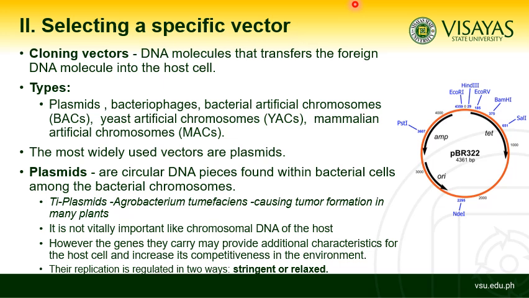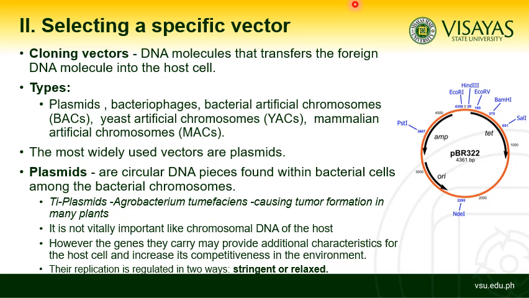So as I've mentioned, the most widely used vectors are the plasmids, and these are circular DNA pieces found within the bacterial cells among the bacterial chromosomes. They are fine to be removed or isolated because their presence is not vitally important like the chromosomal DNA of the host. However, the genes that they carry may provide additional characteristics for the host cell and can increase its competitiveness in the environment.